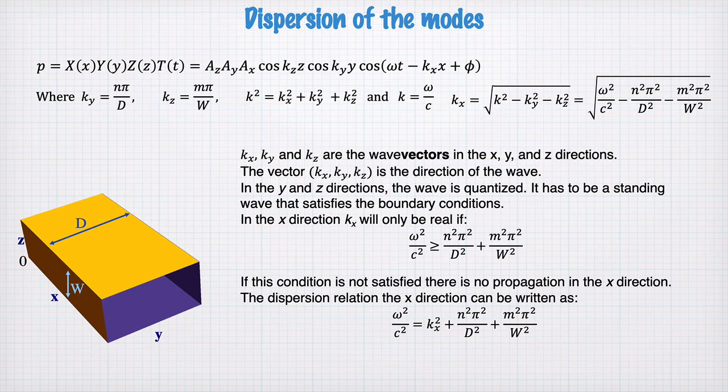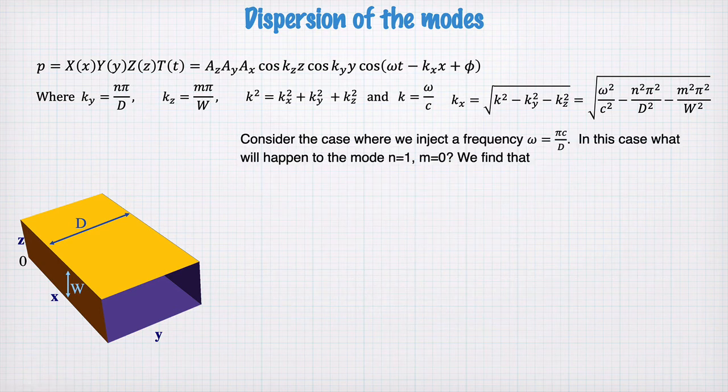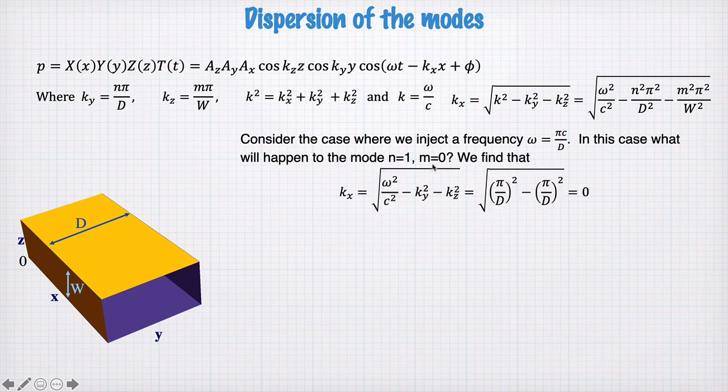Just on this idea of whether modes do or don't propagate, let's look at a particular case. If we inject a frequency omega equal to pi c on d, what will happen to the mode n equal to 1, m equal to 0? So we calculate what kx is, we substitute in the value for omega and the values for n and m, and we find that kx is exactly equal to 0. So in this case, the wave will be stuck.